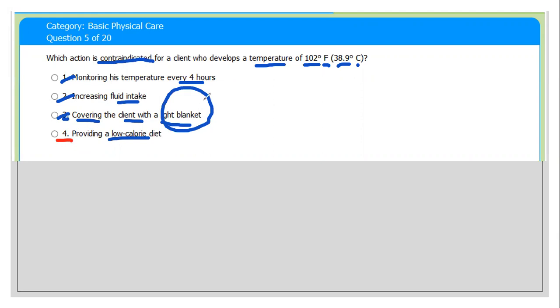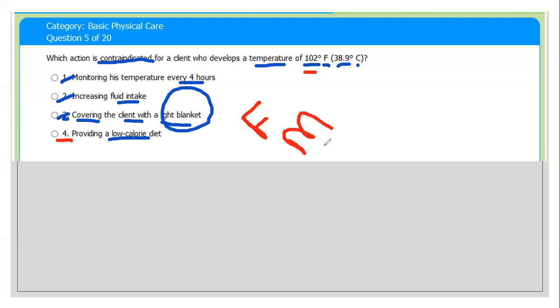Now let me explain why number four is the answer. When a patient has a fever or increased body temperature, temperature is 100.2, it means during the fever the metabolism is increased, right?